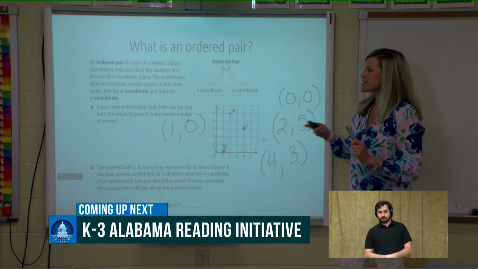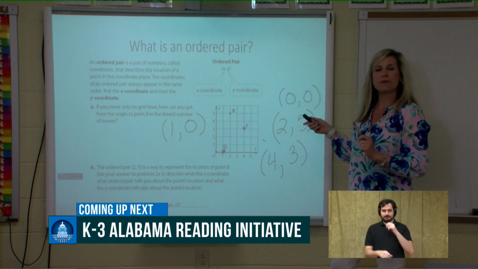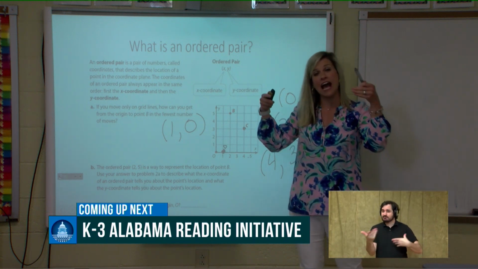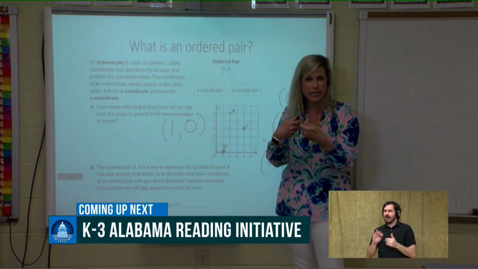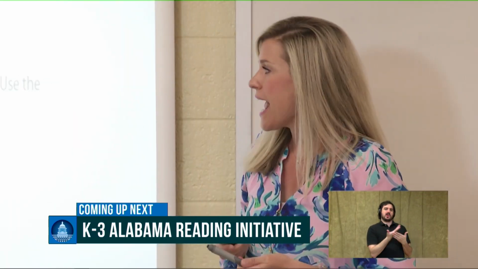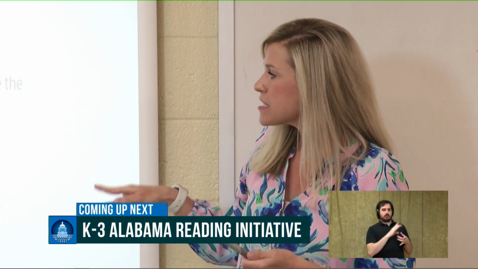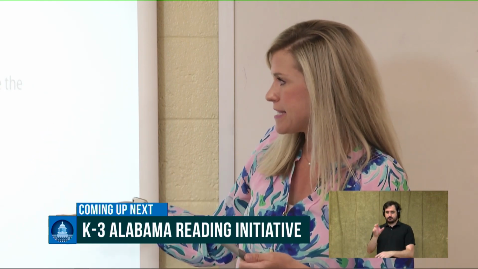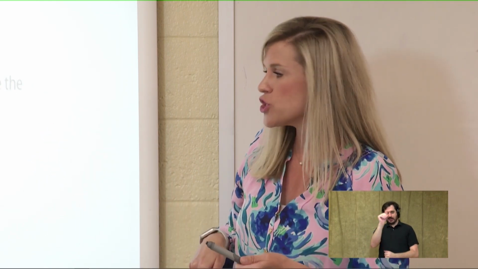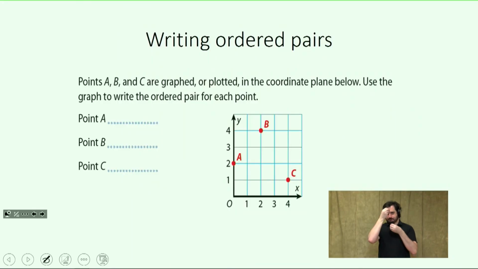All right, so let's try that, okay? The cool part about this is now I think you're going to see how this goes together with what we did last Thursday. So now, let's look at A, B, and C right here. I want you to tell me where point A is located. I always start at the origin. I'm going to move over first.